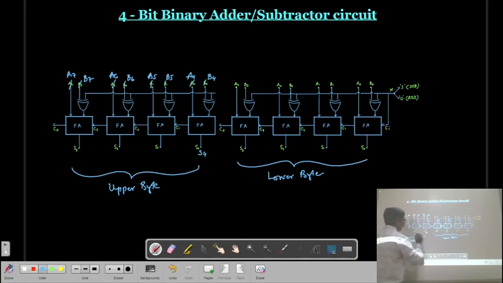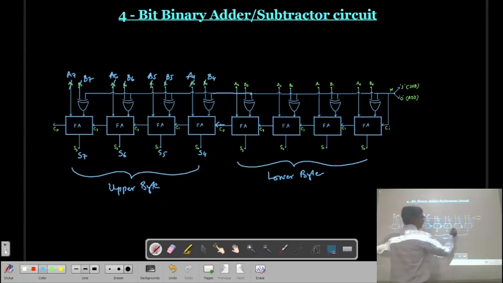Now this will be S4, S5, S6 and S7. And the output of this carry is input for this. And whatever the control inputs are there, they are also connected to this. Here we have carries C0, C1, C2, C3, then C4, C5, C6.